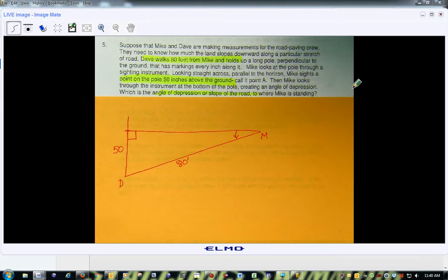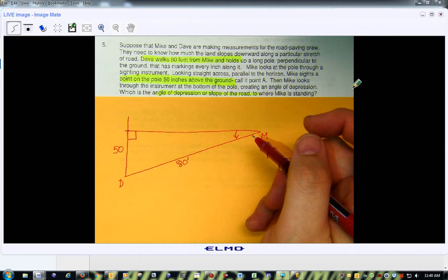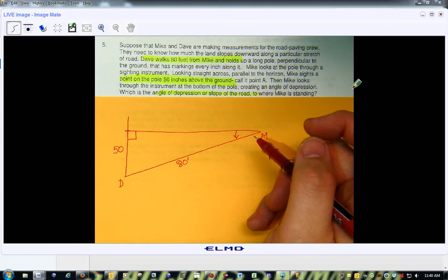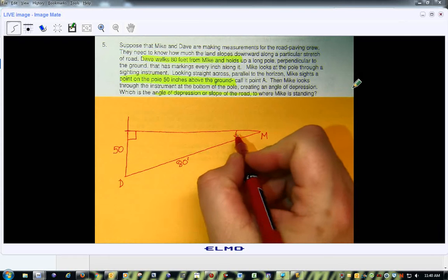If you're finding a slope, when you talk about the slope of a road, you're talking about angles. And if you hear anything about finding elevation or depression, you're talking about angles. Alright, so we're finding an angle.